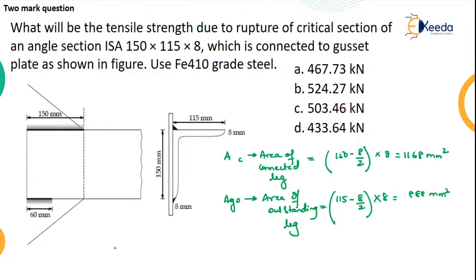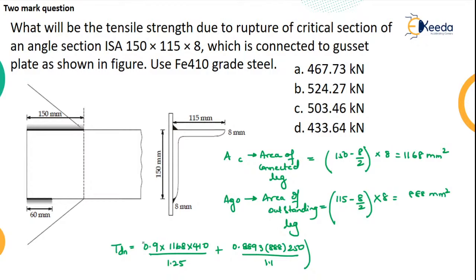So finally your Tdn will be equal to, let me do all the substitution, 0.9 into Anc. Anc is nothing but 1168 into Fu is nothing but 410 divided by gamma m1, that's nothing but 1.25, plus beta 0.8893 into the area Ago, that's 888 into the Fy, that is nothing but 250 whole divided by gamma m0, that's nothing but 1.1.